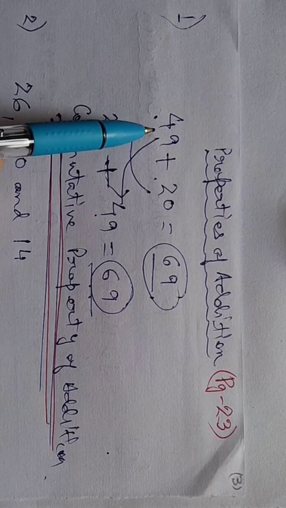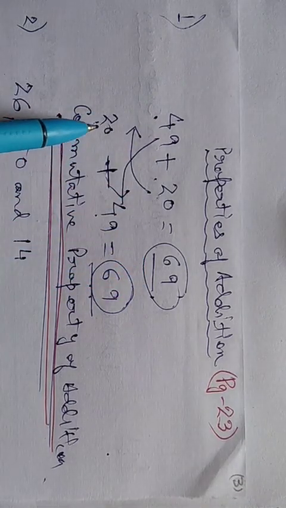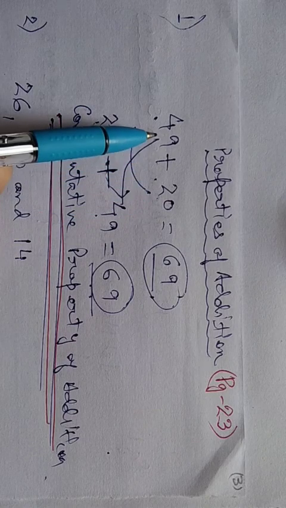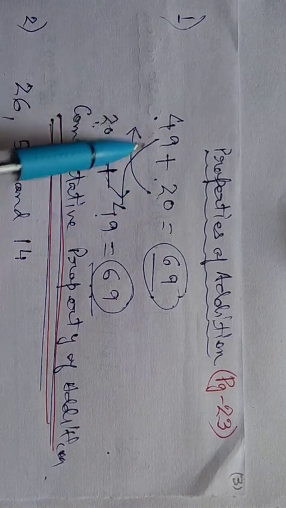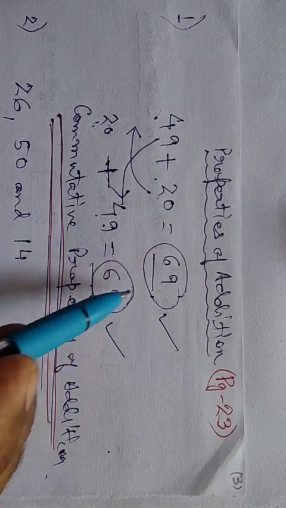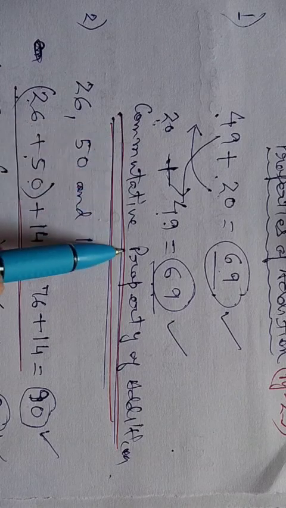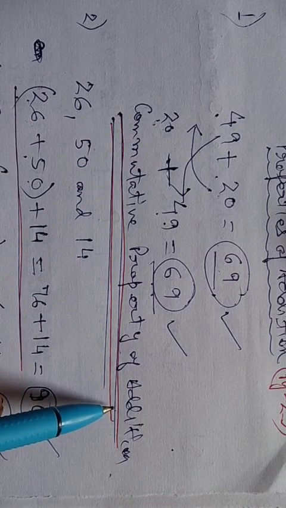Let us see here one example. 49 plus 20, you are getting 69. And after that, you change the order of the two addends, write 20 and 49 after that. Again, see, children, you are getting the same answer, that is 69 and 69. So this property is called actually commutative property of addition. Okay, it is given in the book, children.